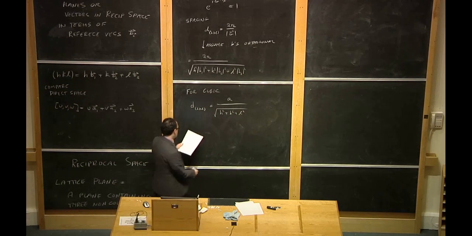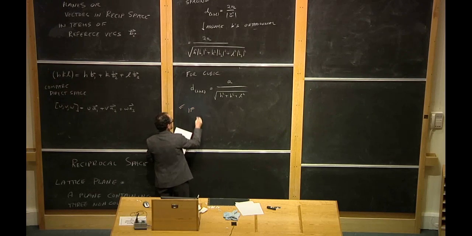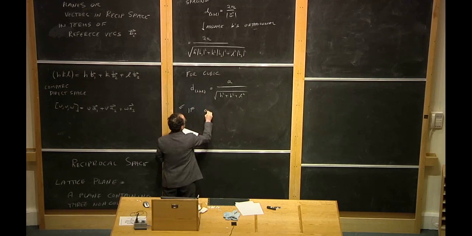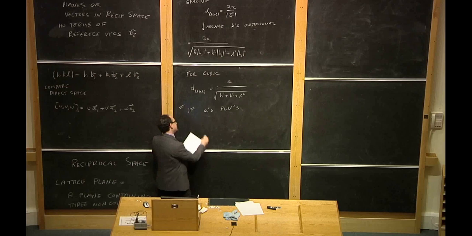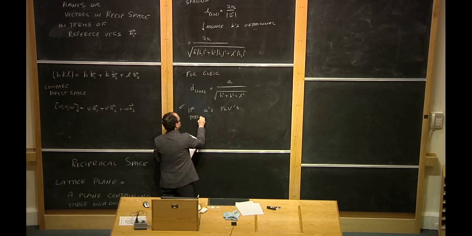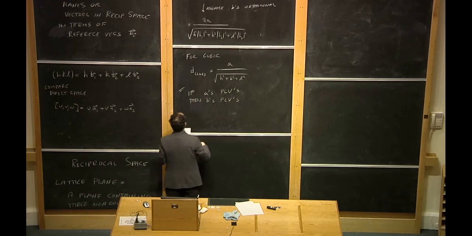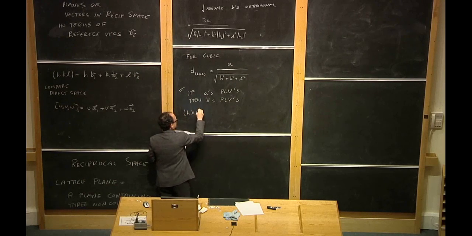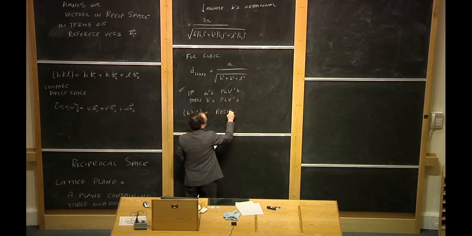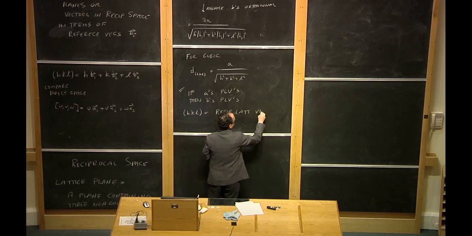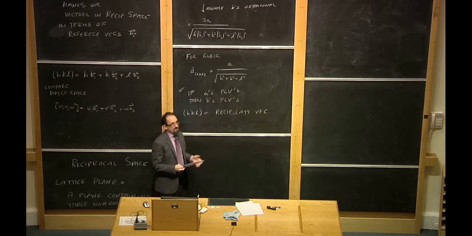And maybe I'll note this one more time. If the a's are PLVs, then the b's are PLVs. And that means that (hkl) is a reciprocal lattice vector. But it's not always the case if the a's are not PLVs to start with.